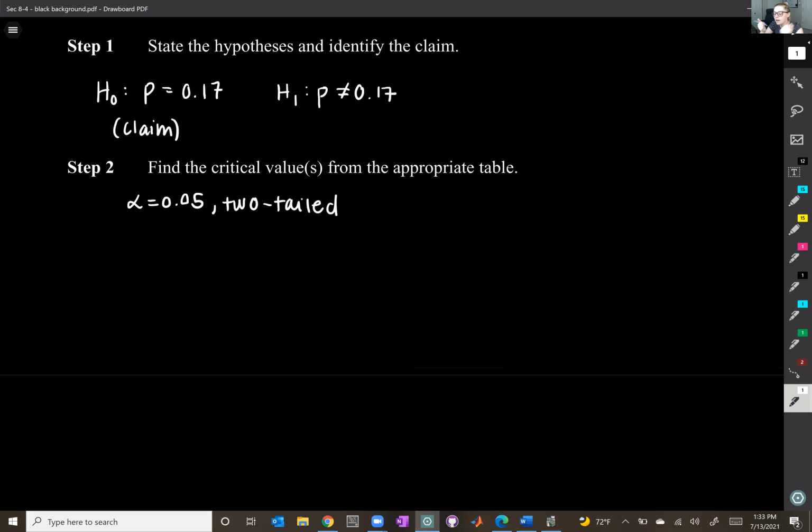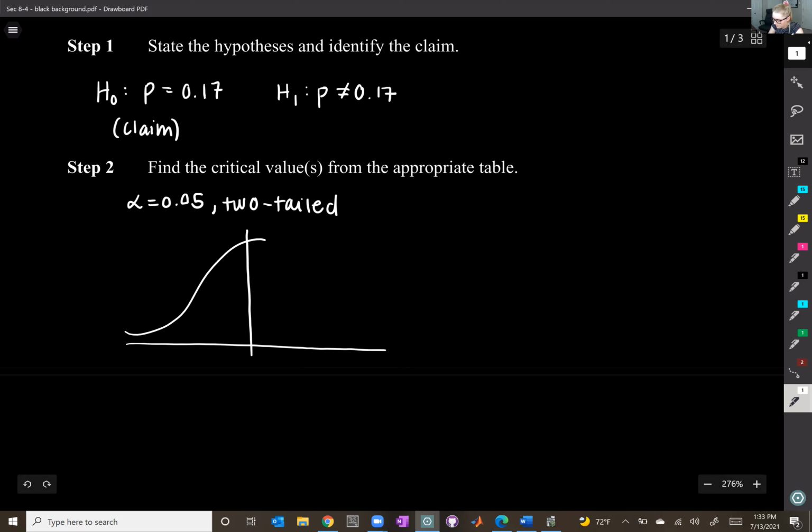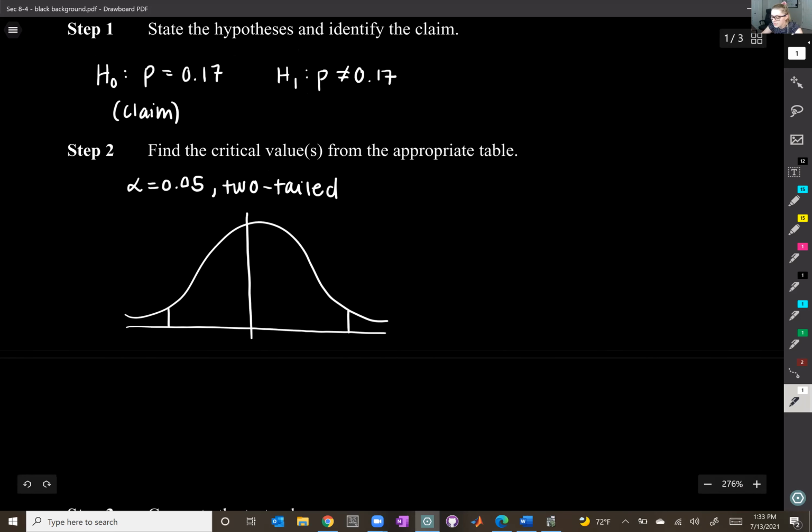So I'm going to draw out my distribution so we have an idea of what we're looking for. Two-tailed, so we have both ends that we're concerned with. Since alpha is 0.05, 0.05 divided by 2 is the area that we want in each tail.